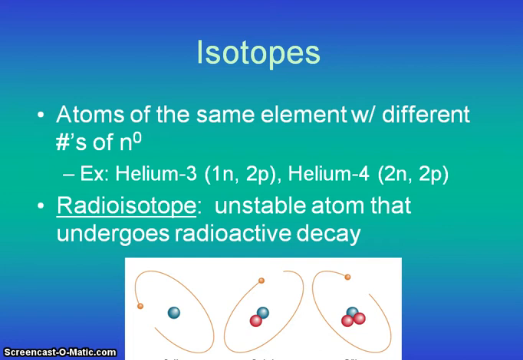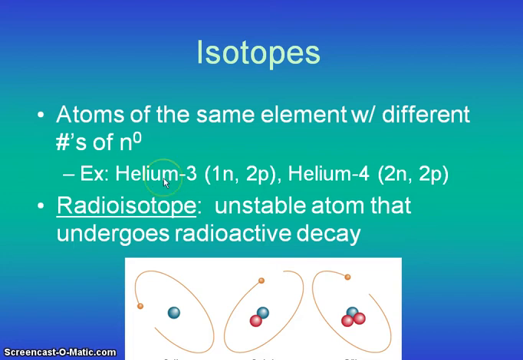Finally, isotopes are just atoms of the same element that have different numbers of neutrons. So for instance, helium we can write as helium-3 or helium-4. It has two different isotopes. Whenever you see the word written out with a hyphen and a number after it, that number is its mass number.